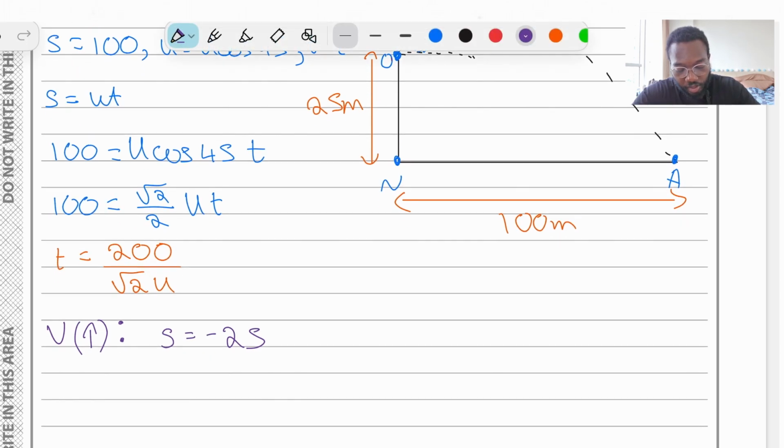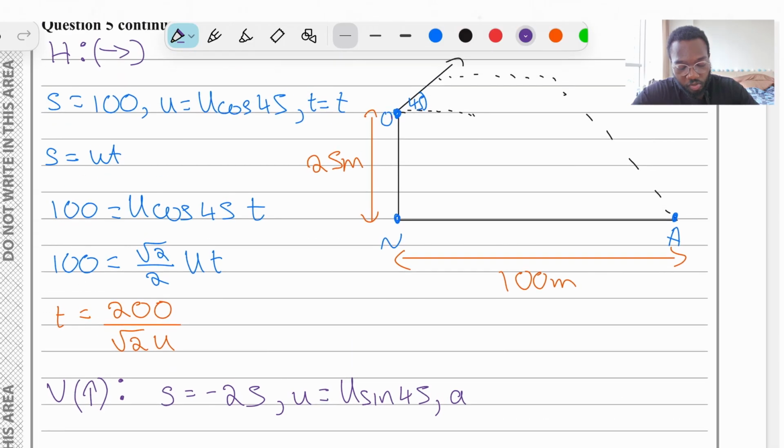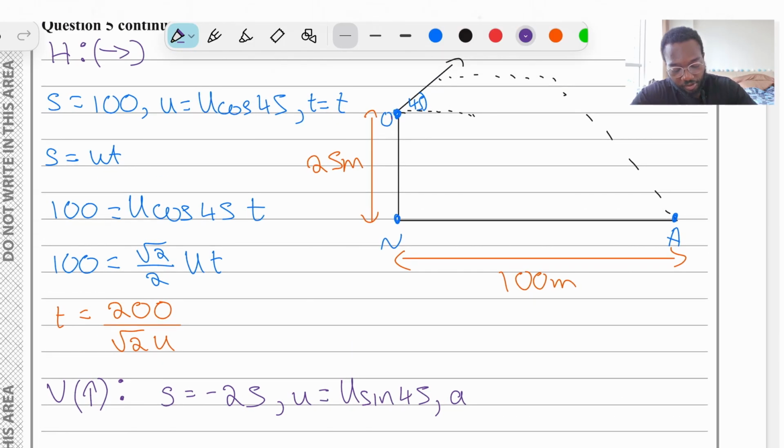Just remember that. Our u value is going to be u. Now again, we could use cos 45, but let's just keep it as sine 45. We know our a value. a is usually going to be 9.8. In this case, because we are considering down as a negative direction, a is minus 9.8.